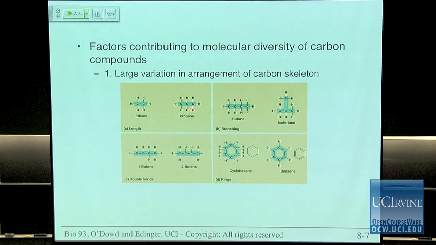They can have single bonds between all their carbons, then they're called saturated. Or double bonds between some of the carbons, and then they're called unsaturated. They can also form not just linear structures, but ring structures, as shown here. So the actual structure of the skeleton can determine functional properties.